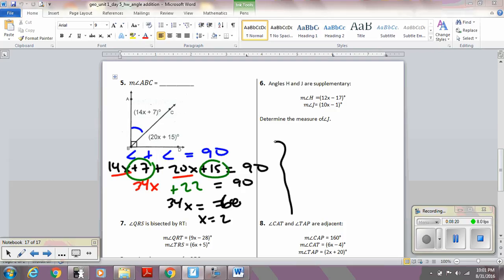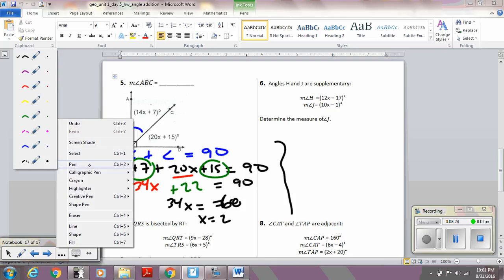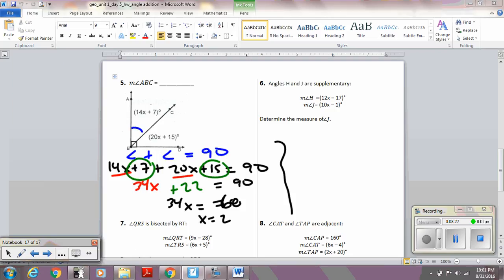But I'm not done, because I'm looking for the measure of ABC. So the measure of angle ABC, again, is 14x plus 7. So 14 times 2 plus 7.